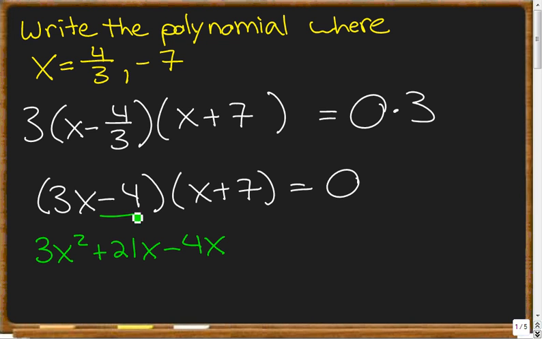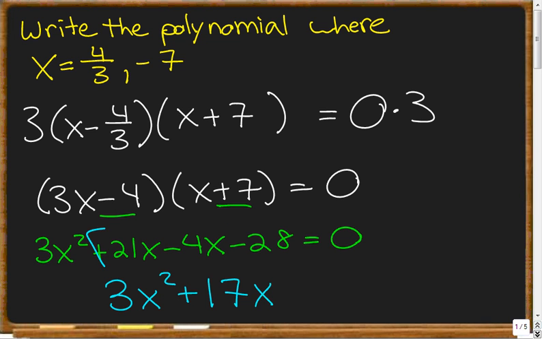And then our last term is going to be -28. And so after we go through and simplify everything, we should end up with 3x squared plus 17x, and we get that from putting these two terms together, minus 28 equals 0.